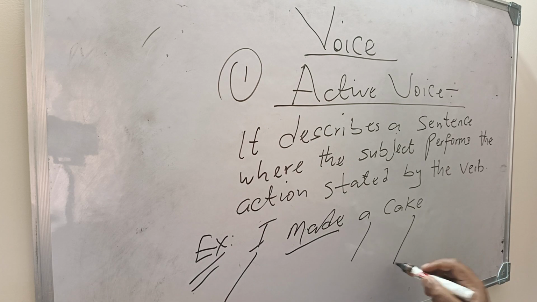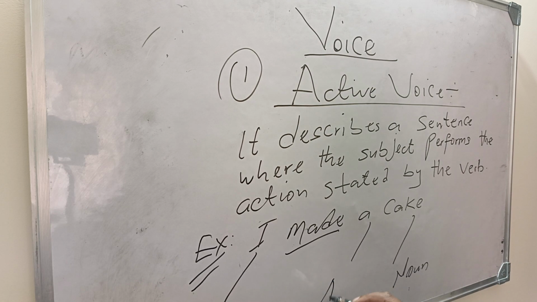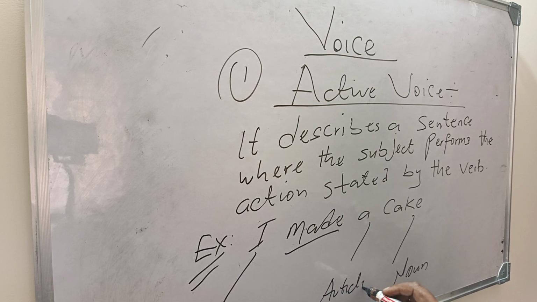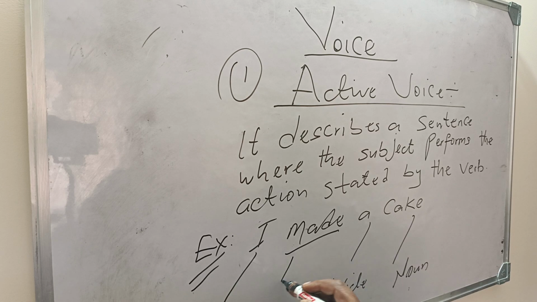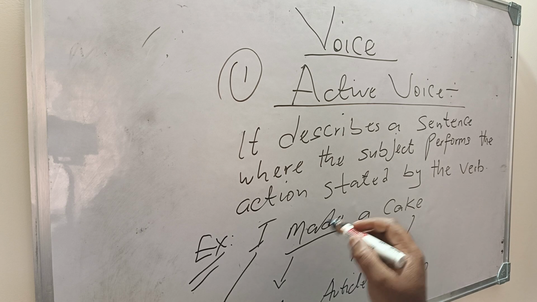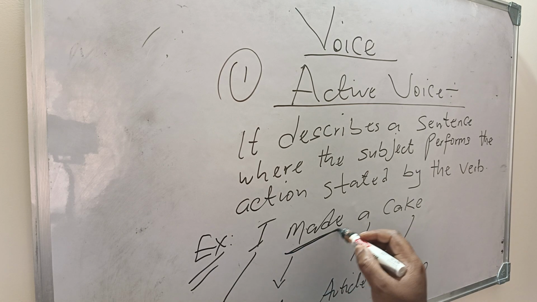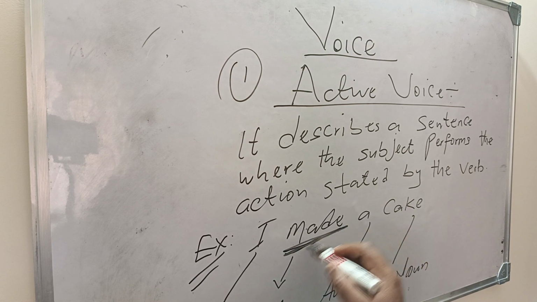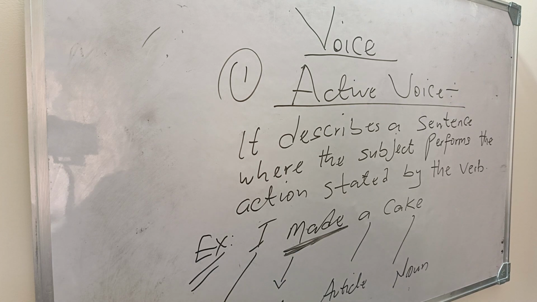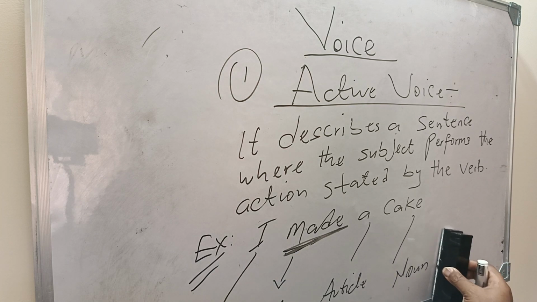Cake is the noun. Subject, article, verb, because the verb is an action word. He made, I made. So let's take a look at another example.